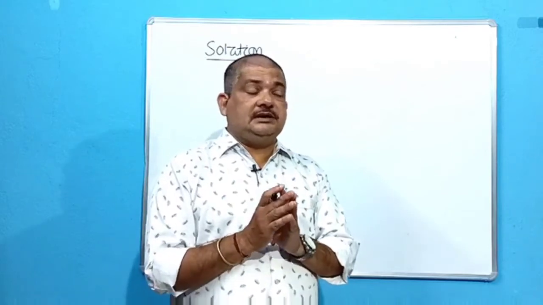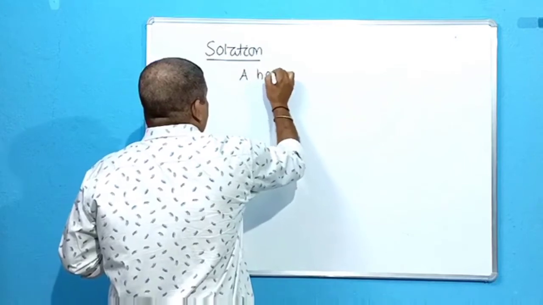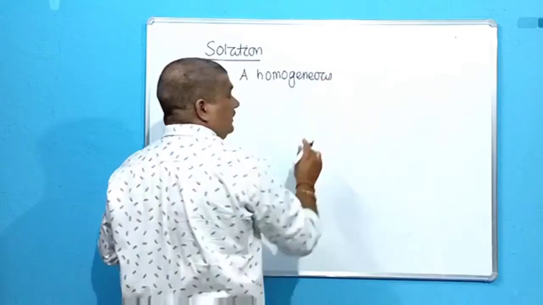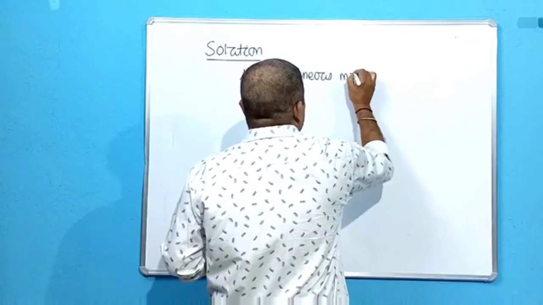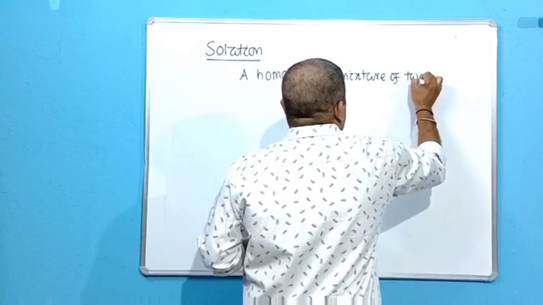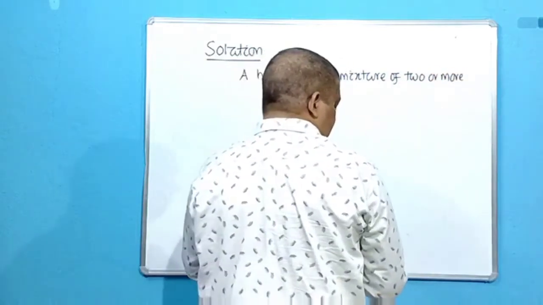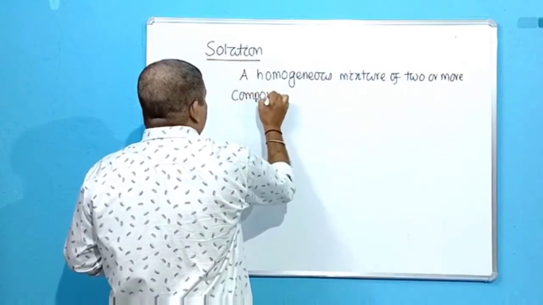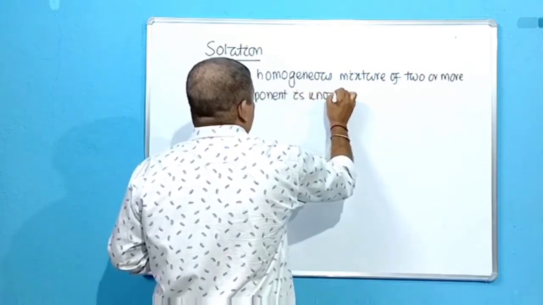So how to define a solution? Now homogeneous means uniformly mixed. That is called homogeneous. A homogeneous mixture of 2 or more components is known as a solution.